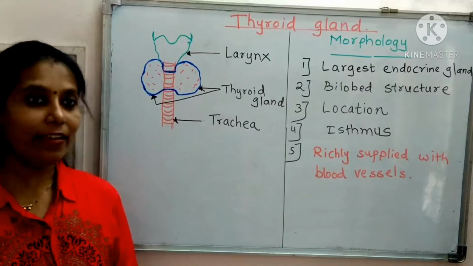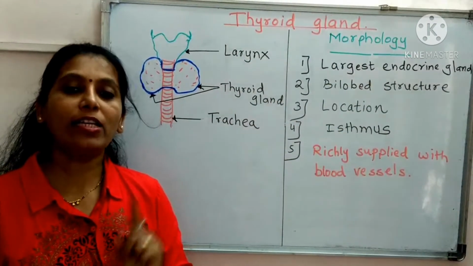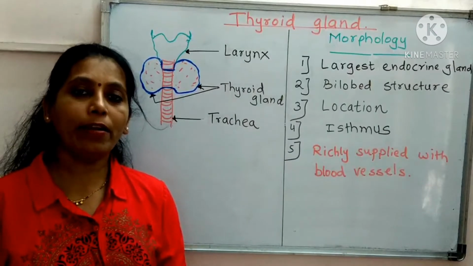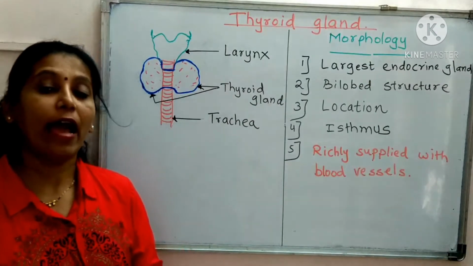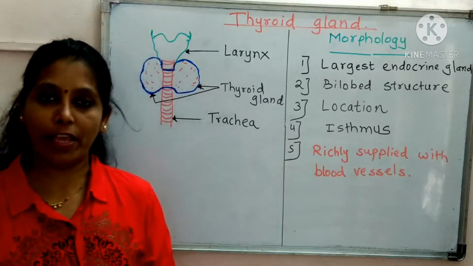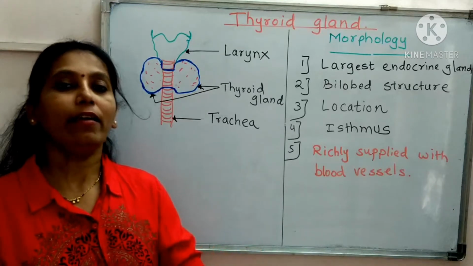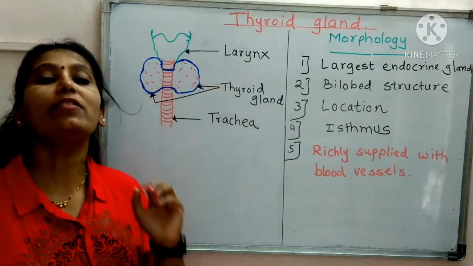We will study the thyroid gland. The thyroid gland is one of the important endocrine glands and it is the largest endocrine gland in the human body. Let us see where exactly it is present.